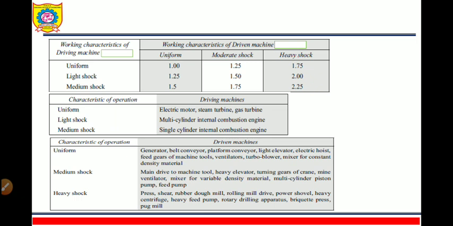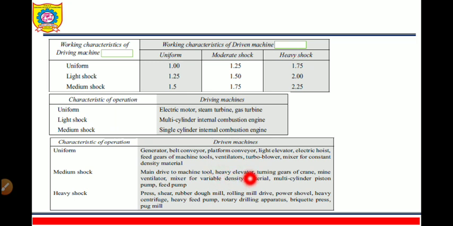Uniform characteristics are seen. So what I mean to show from this chart is, suppose I want to calculate the service factor when the driving machine is an electric motor and the driven machine is a heavy elevator. So suppose I highlight it, electric motor is our uniform characteristic operation for the driving machine, and here is heavy elevator.